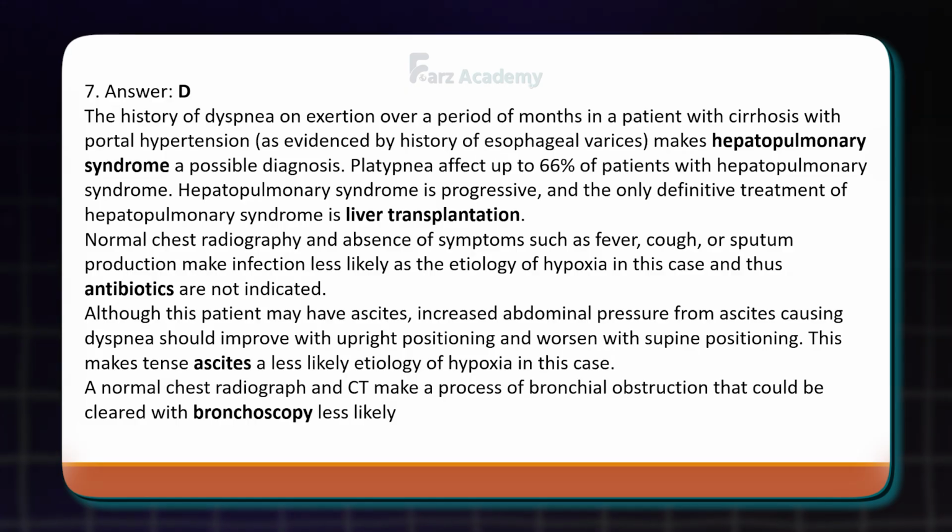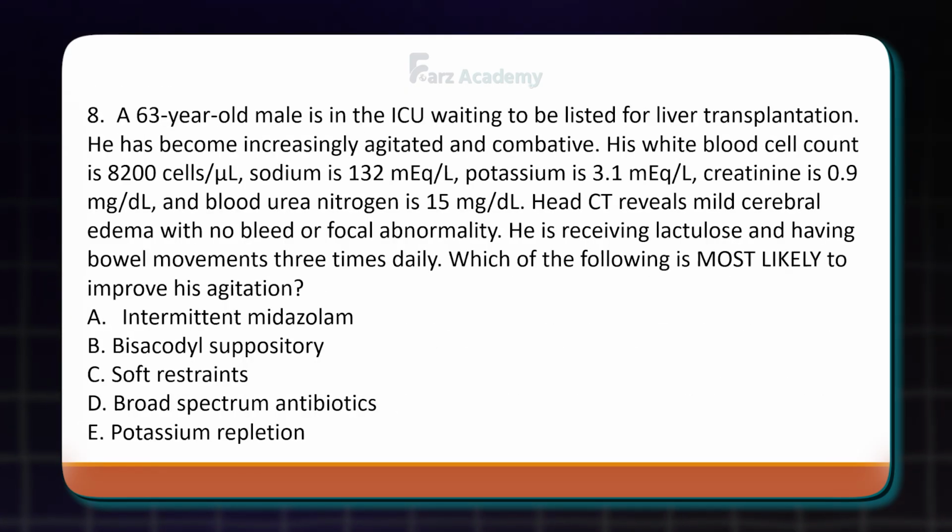Should I move forward? So, question number 8, this is a 63-year-old male in the ICU waiting to be listed for liver transplantation. He becomes increasingly agitated and combative. His WBC count is 8,200, sodium 132, potassium 3.1, creatinine 0.9, blood urea nitrogen 15.